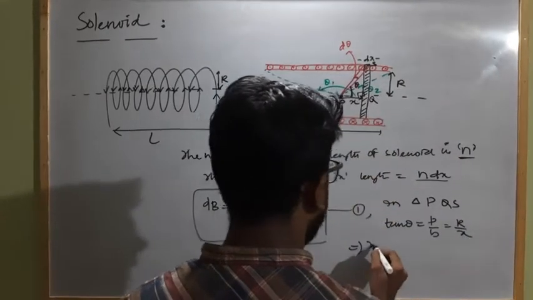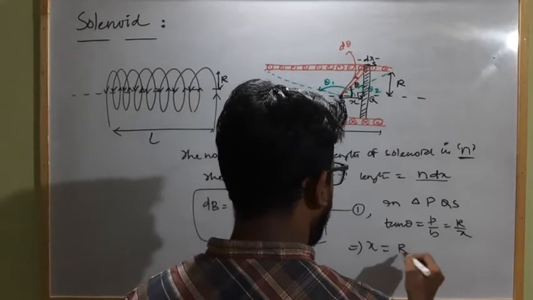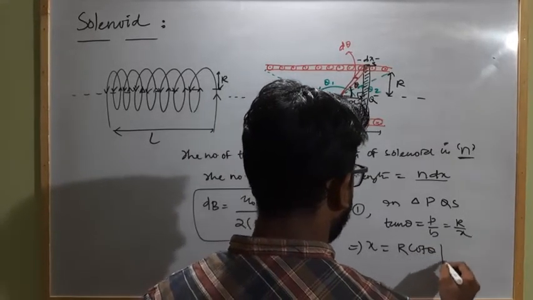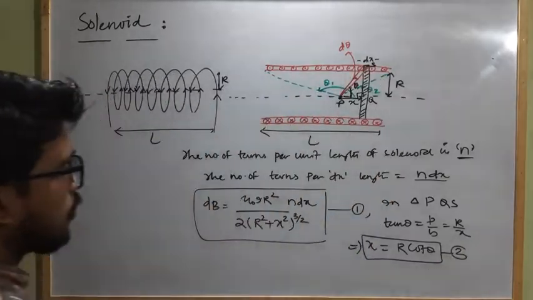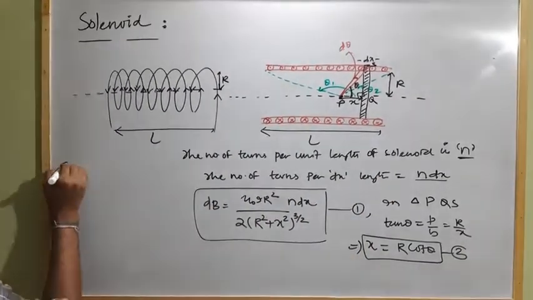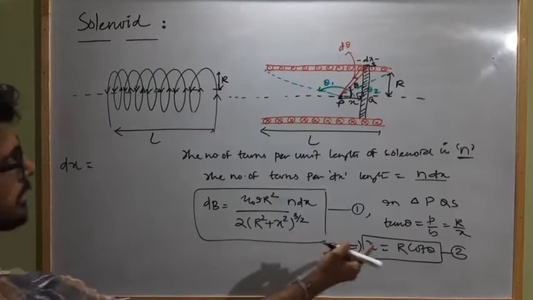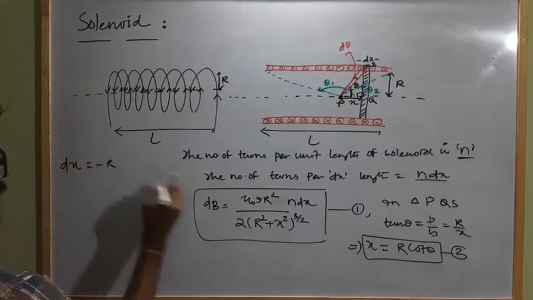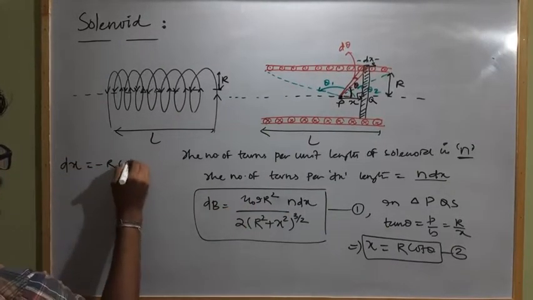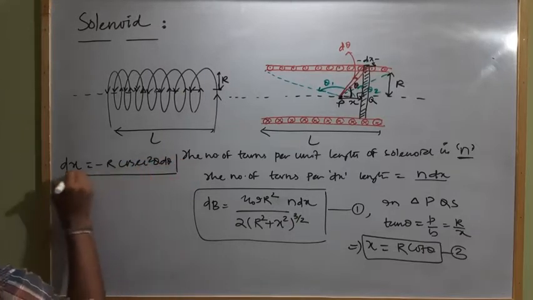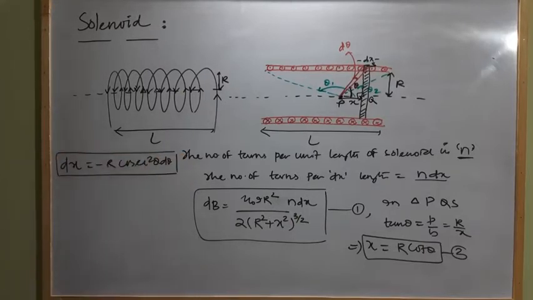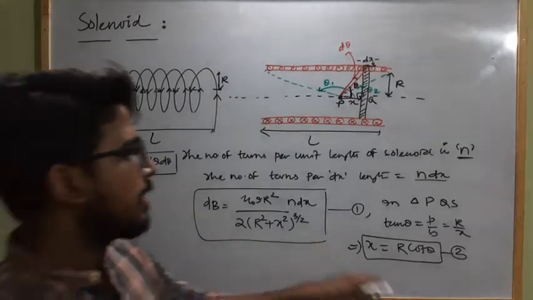So this implies x will be R by tan theta, or R cot theta. Clear? x will be R cot theta, equation 2. So from this we can calculate dx. Differentiating both sides, minus R cot theta differentiates to cosec square theta d theta, so dx will be minus R cosec square theta d theta.